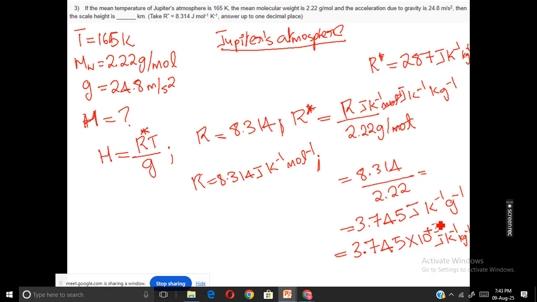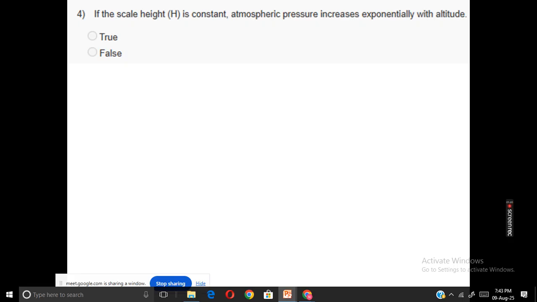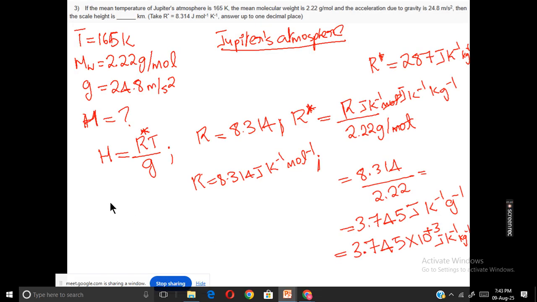Now, can you calculate the value of H from the R star that we just calculated? So H will be 3.745 into 10 raised to 3 into T. Temperature is given as 165, divided by g. g is 24.8 meter per second square.